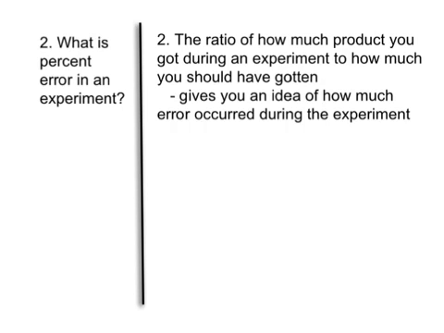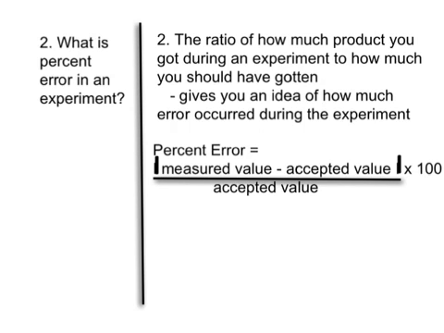There's actually an equation that we're going to use for percent error. Now let's write it down, and I'll walk you through it. All right, so here is the equation for calculating the percent error in your experiment.